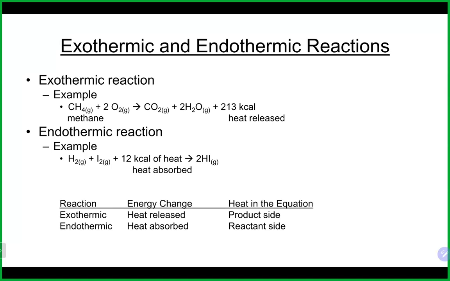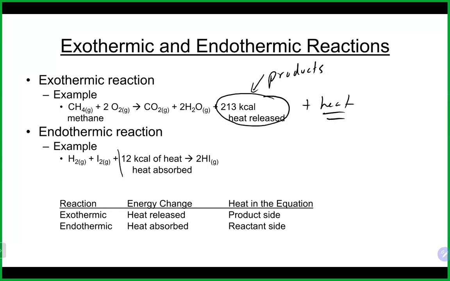So if we have an exothermic process, you usually will think about heat, which is an energy value here, 213 kilocalories, as being on the product side, like it is being given off. And sometimes you may even see it written into the equation, like we see here, an actual value for heat or energy, or they may simply say plus heat on the other side. Because it's written on the right-hand side of the arrow, heat and energy is a product, and this is an exothermic process occurring.